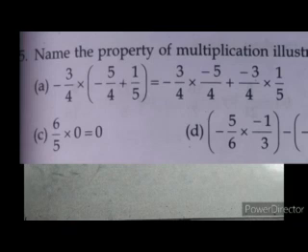Which property is this? Can you name the property? It is distributive over addition, because LHS and RHS are the same. When we multiply 3 rational numbers and we take the sum of 2 numbers multiplied by the third one, this property we have done in question number 3.